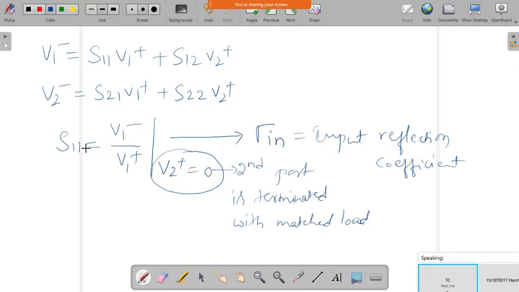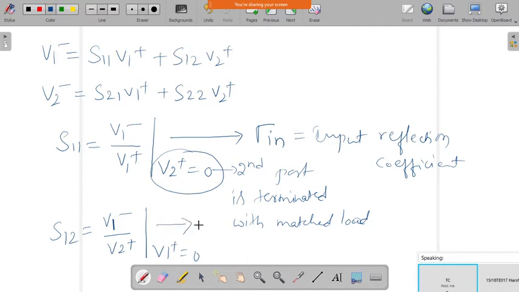Similarly we can define S12, which is equal to V1 minus divided by V2 plus, whenever V1 plus is 0, that is, the first port is matched with the termination.